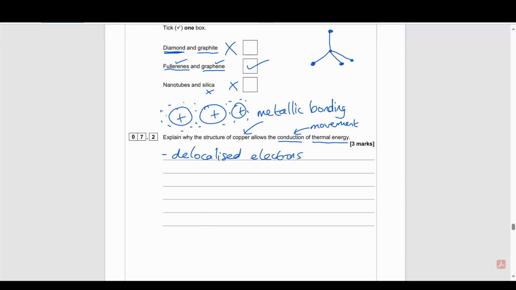They're able to move throughout the whole structure of this copper. And as they move, they can carry and transfer the energy from one place to the other.